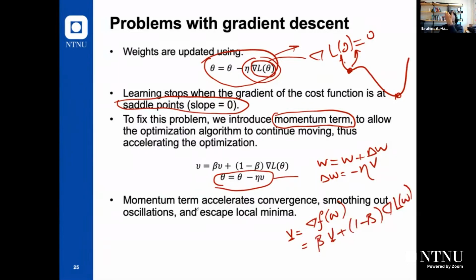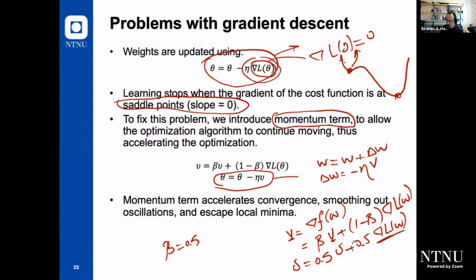If you select beta equal 0.5, the speed vector will be 0.5 multiplied by the last speed plus 0.5 multiplied by the gradient. Which means if you are at the saddle point, your speed will not be 0, even though the gradient is 0. It will be 0.5 of your last speed.